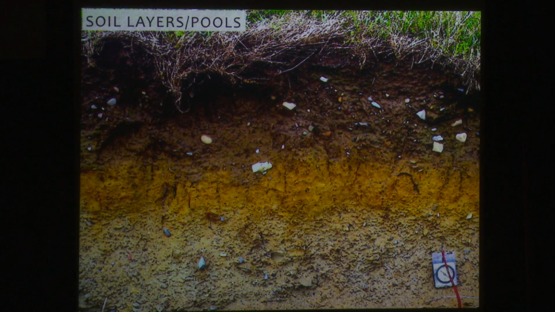Soil layers and soil pools. This is another one that has this computational demand versus realism. There are multiple layers of soil carbon, as well as nitrogen and other nutrients. And the more layers that are in the model, again, the more computational demand is required.